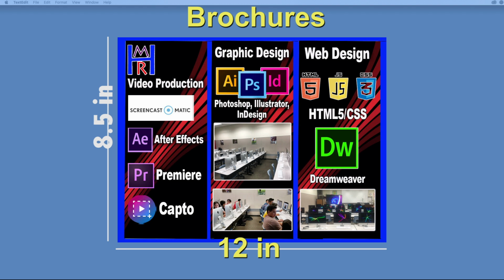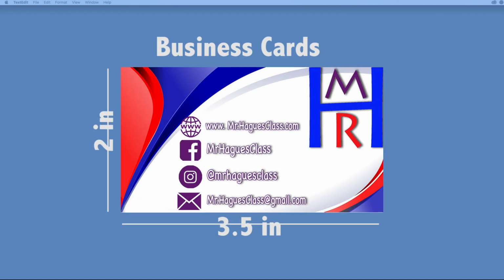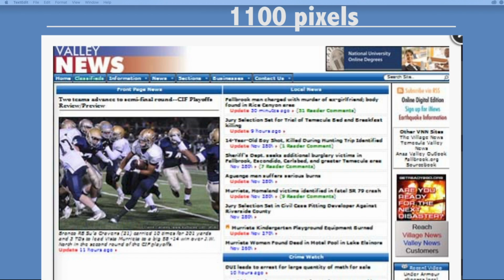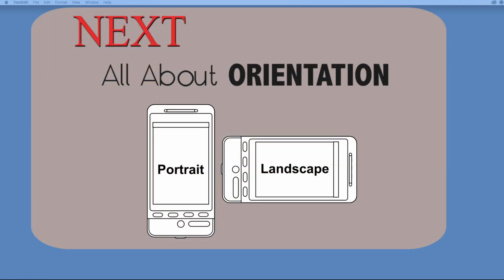Graphic designers most likely create graphic elements using inches, since some of their products have standard dimensions. For instance, a brochure is typically 8 inches by 12 inches, business cards are typically 3.5 by 2, whereas web designers are more likely to use pixels because they're more concerned about how a website appears on a monitor.